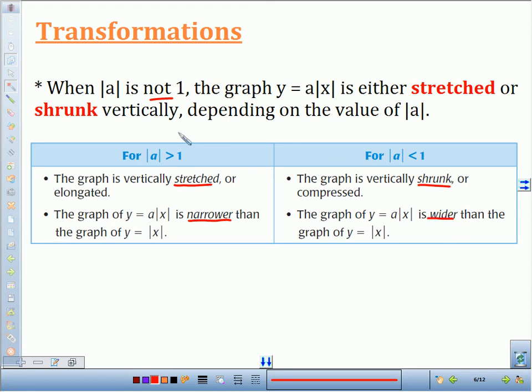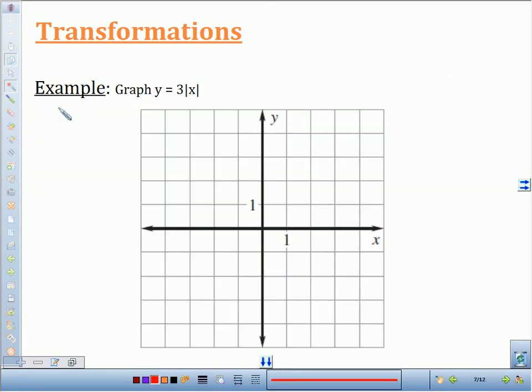So essentially, if we have a whole number in front of the absolute value of x, we have a narrower graph. If we have a fraction in front of the absolute value of x, we have a wider graph. And we'll see how that works with a couple of graphs.